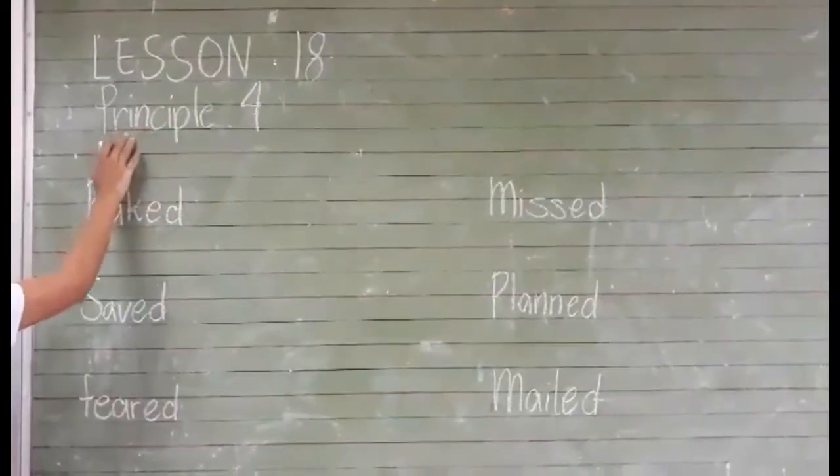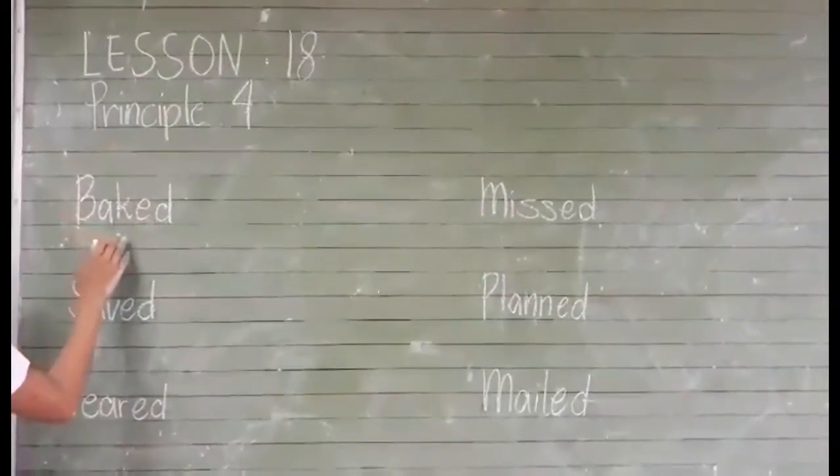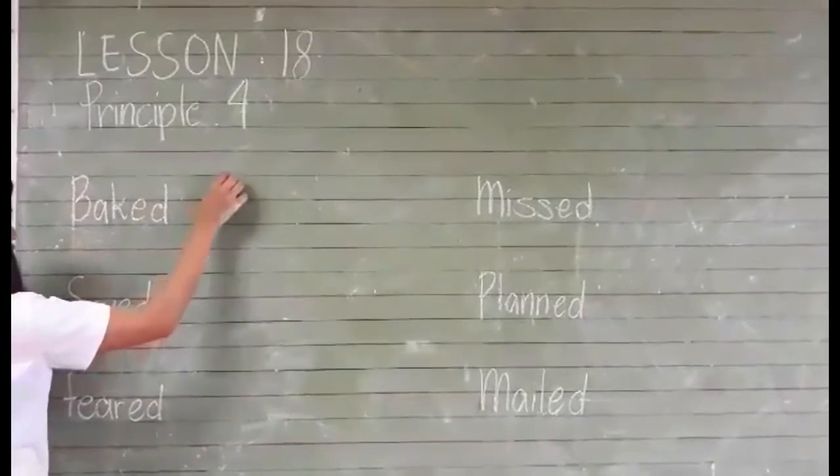Under principle number 4, there are some words whose past tense has the sound of T, like baked.